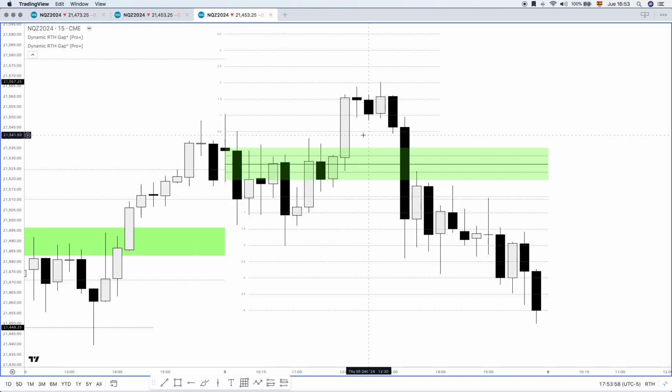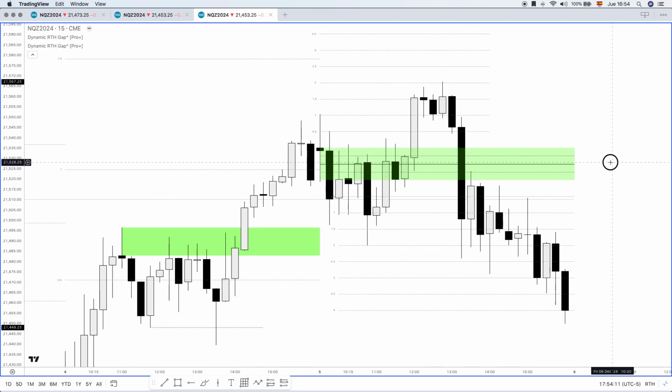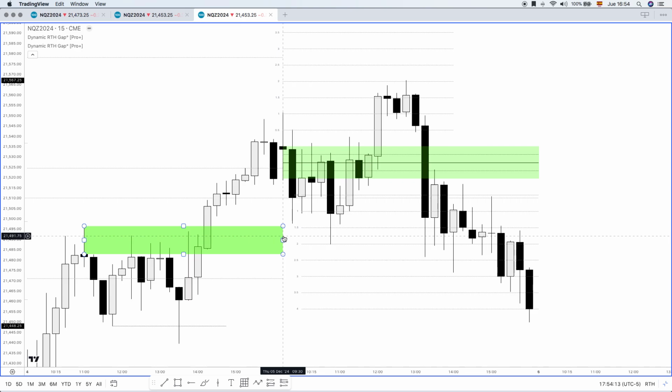Then we move higher and we reach what? Again, 2 standard deviations of the gap, and we reverse and we reach 4. This is really powerful for me. I use it every day.